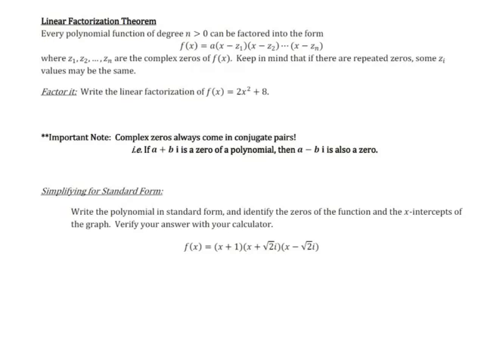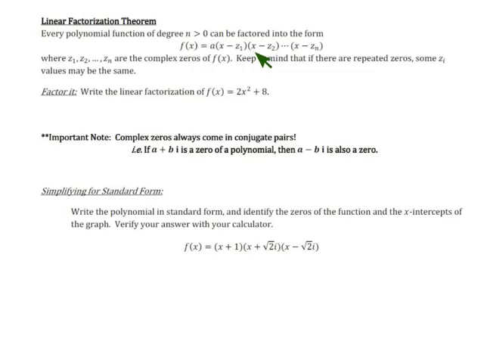So now let's take that fundamental theorem of algebra and combine it with another important theorem called the linear factorization theorem. If we've got a polynomial of degree n greater than 0, we know that it can be factored in this form: some a value times x minus z1, times x minus z2, and so on, where these are all the zeros, z1, z2, and so on.